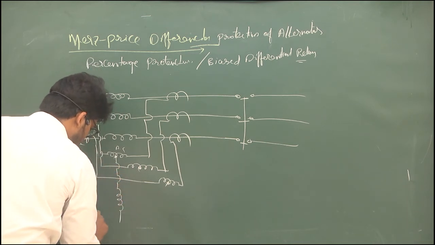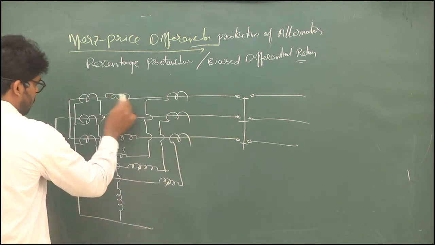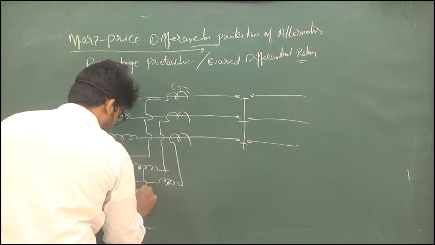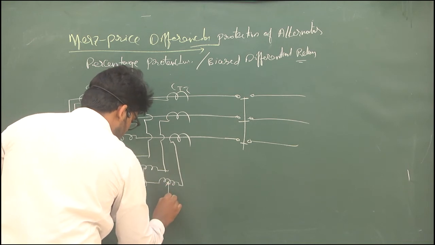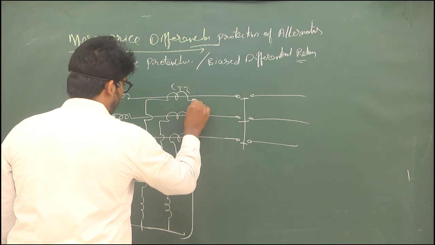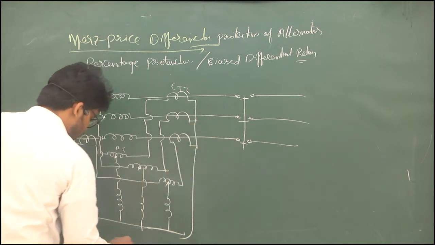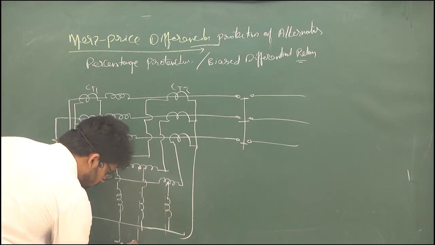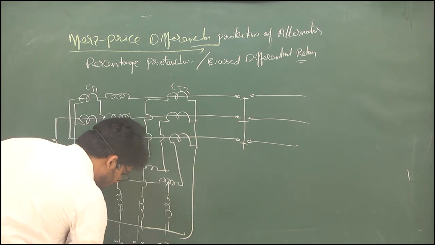This is the operating coil of these two CTs, CT1 and CT2, and this is also our operating coil. This is the actual configuration, and now these are given to switches to operate.